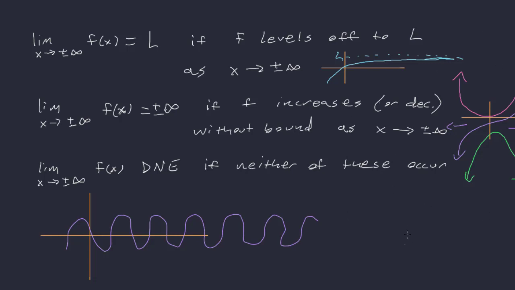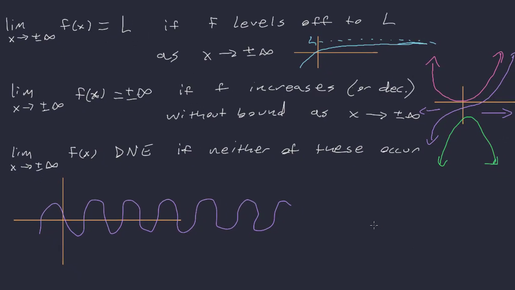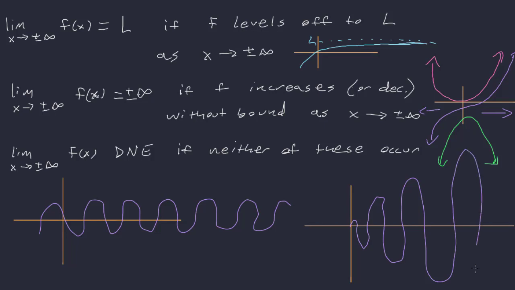Or it could just blow up in two directions at once, which may sound like an odd thing to say, but for example, if this was our graph, say it did this, well, half of it is going to positive infinity and the other half of it is going to negative infinity. So this would just be, it does not exist.